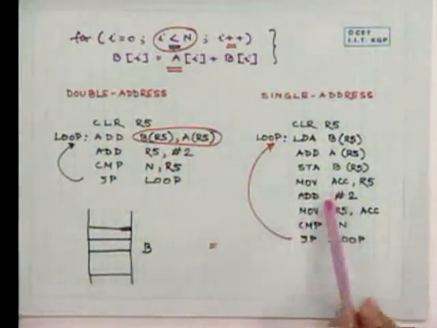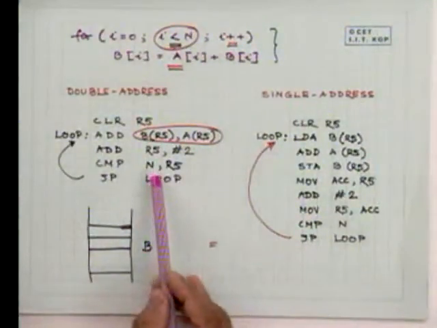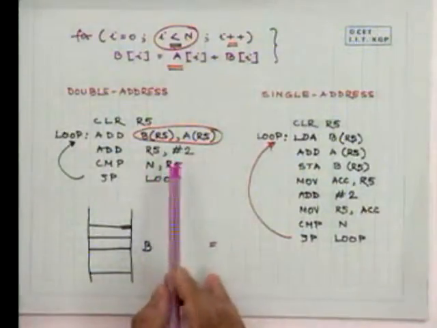Now, the thing is that these addressing modes as well as the instruction set, the number of instructions included in the instruction set, have gradually increased as semiconductor technology, VLSI technology, advanced.